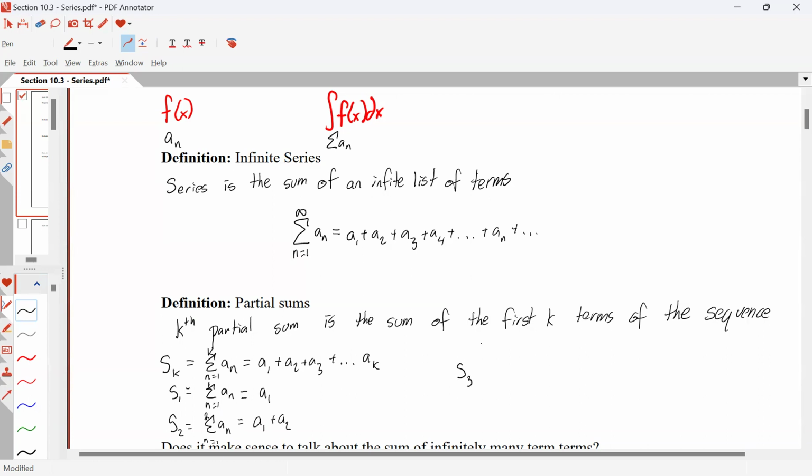S sub 3 is the sum from n equals 1 to 3, a sub n. So the first term, the second term, and the third term added together.